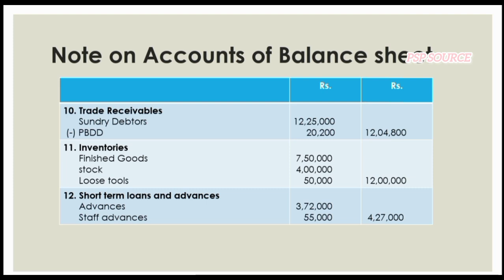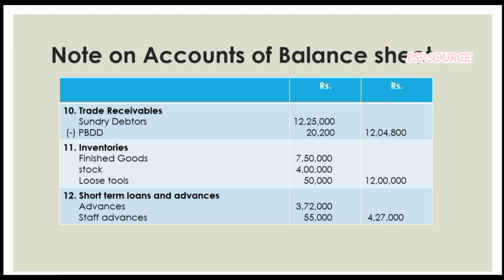Once again, I repeat, we have to deduct the old provision for doubtful debt from 12,25,000. For inventory: finished goods ₹7,50,000, stock ₹4 lakh, and loose tools ₹50,000.